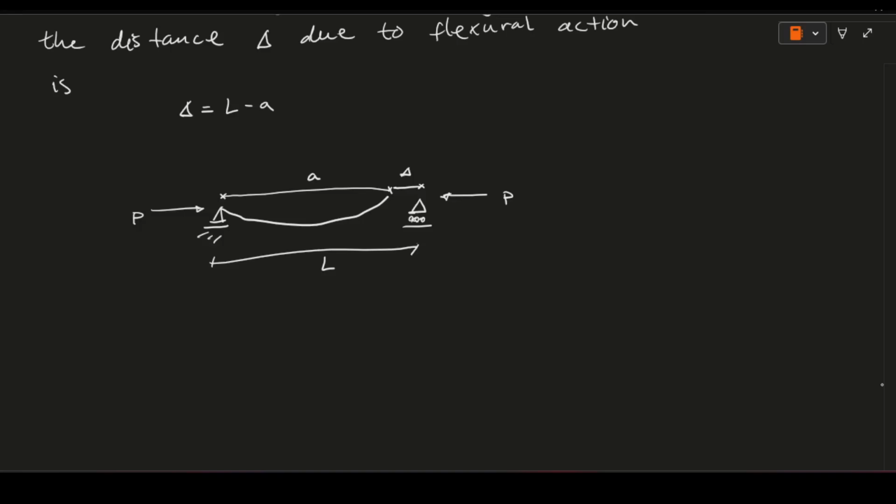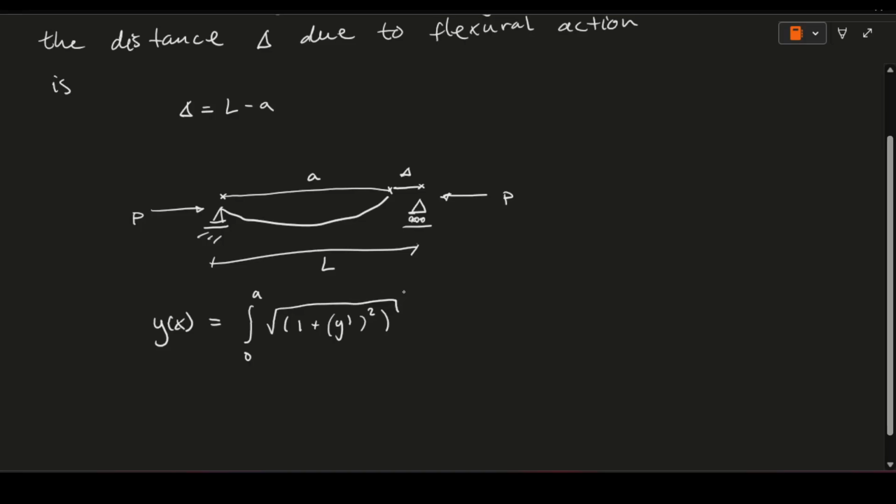We know that this curve y of x is equal to the integral from 0 to a, and inside the integral sign we have the square root of 1 plus y prime quantity squared dx.